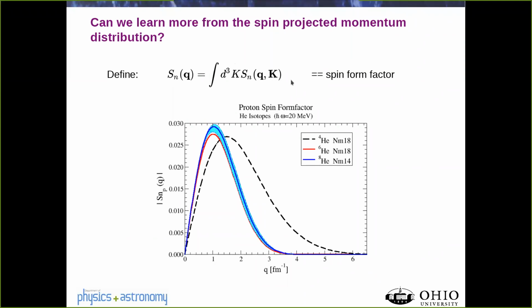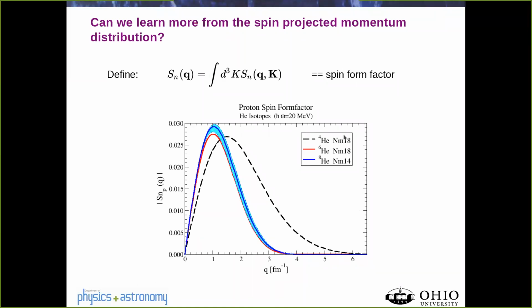If I integrate over d3 kappa, so about this off-shell momentum, I can define something like a spin form factor. Here it is transverse because it's the spin projected along the normal of the plane spanned by q and kappa. And I just plot this thing. This is the one for the protons.